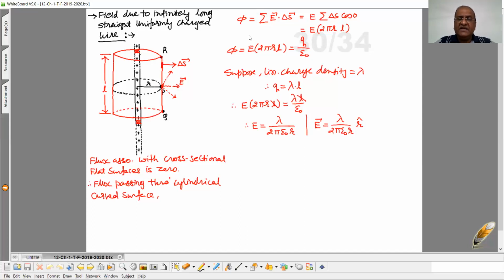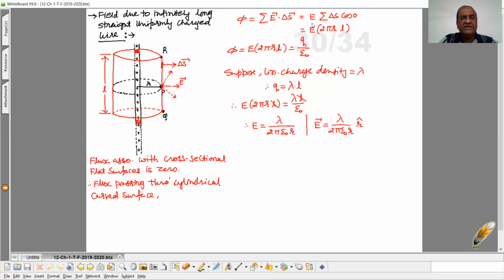So phi is equal to E dot delta S for this particular element, and if we want to calculate the total flux, then we have to take the summation of it. So sigma E dot delta S will give you the resultant flux.